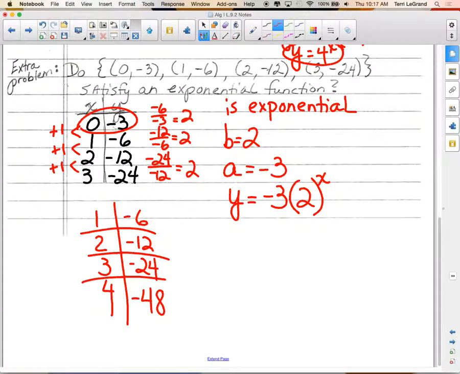Well then, how would we figure it out going back? We would do the undoing. We would divide by 2. If we go back a unit, we would be at x equals 0, and if we're going backwards, we have to divide, so that would be negative 3. So just because the table doesn't have the y-intercept in it doesn't mean you can't write the function. It just means you have to work a little harder, okay?